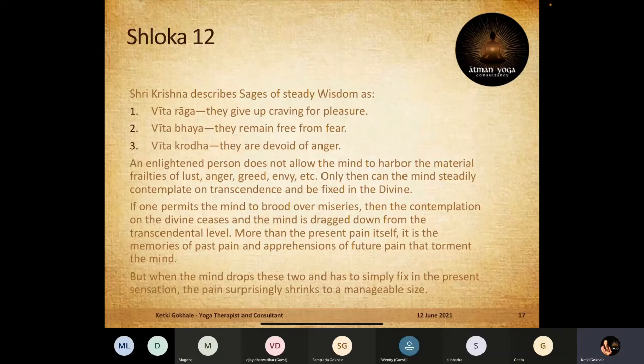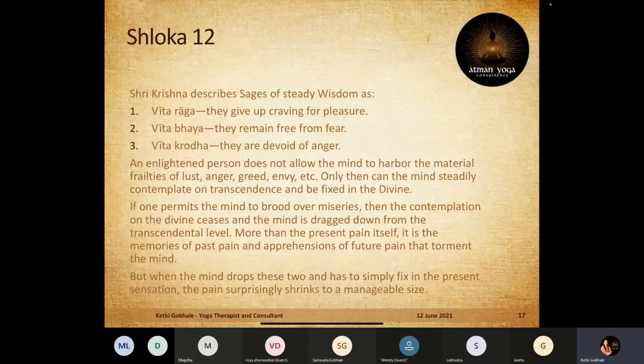So Shri Krishna describes sages of steady wisdom as three: Vita Raga, Vita Bhaya, Vita Krodha. So those who have given up craving for pleasure, they remain free from fear, abhinivesha, and they are devoid of anger. They are the sages of steady wisdom.